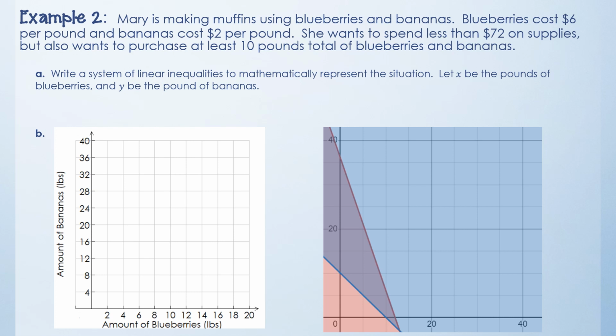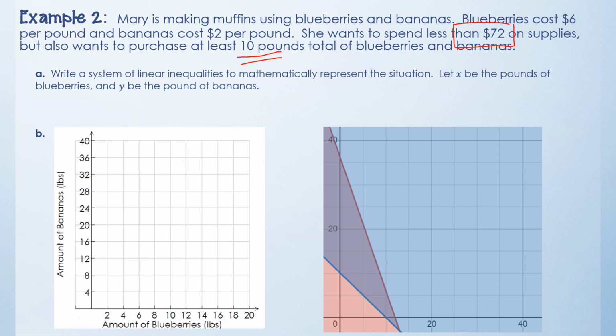So we have two constraints. One of our constraints, again, is money. She wants to spend less than $72 on supplies. So we should be setting up one of our inequalities based on that information. And then the second constraint is in the weight. She wants to purchase at least 10 pounds of blueberries and bananas.